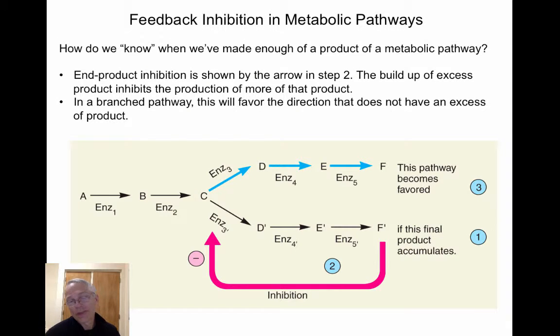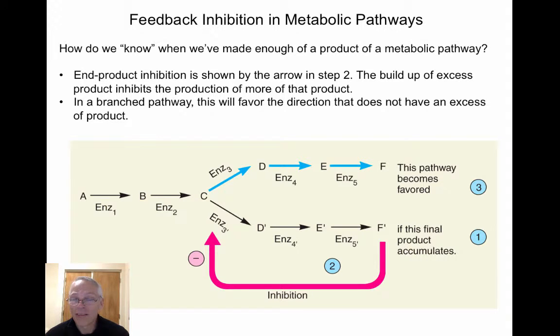This is showing feedback inhibition of a metabolic pathway. So we have a branched pathway starting with substance C there. And these two different enzymes can convert that substance into two different products. And we can sort of control that branch point in the pathway by feedback inhibition.